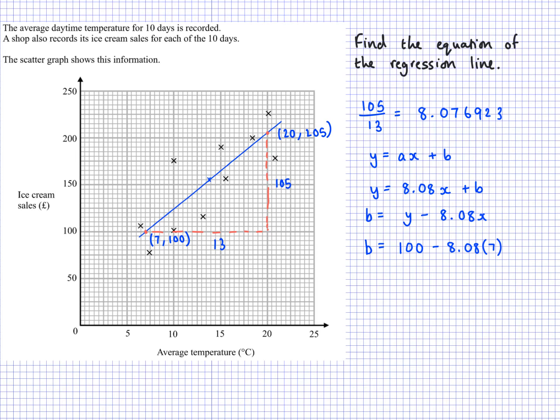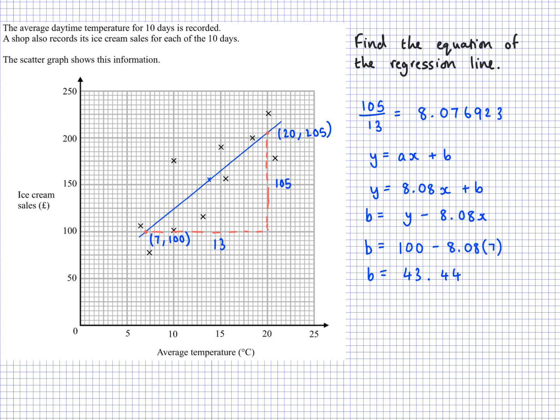So I'm going to put that in the calculator now. 100 take away 8.08 times 7 gives me 43.44. So b is equal to 43.44.